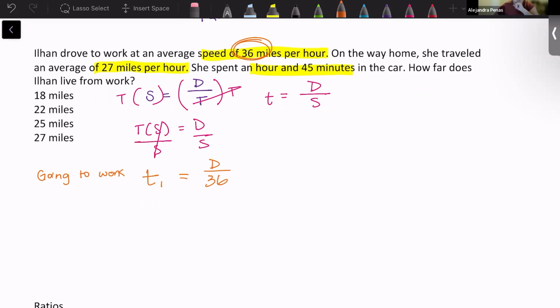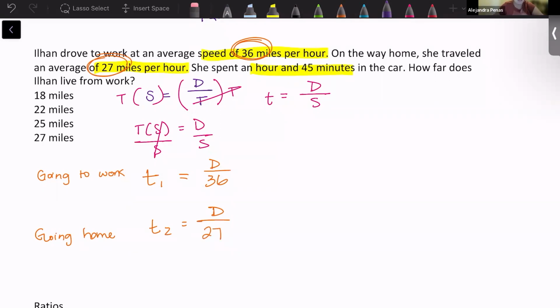Is that okay with everyone? Yes. Okay. Now let's go back home. Again, we don't know the time, but let's just call it T2. The distance is going to be the same because it's not like you live further than you did before you went to work. So the distance should be the same, and the speed is now going to be 27.